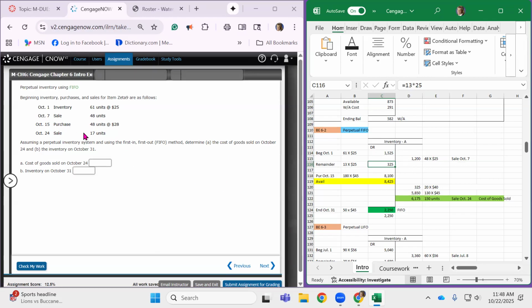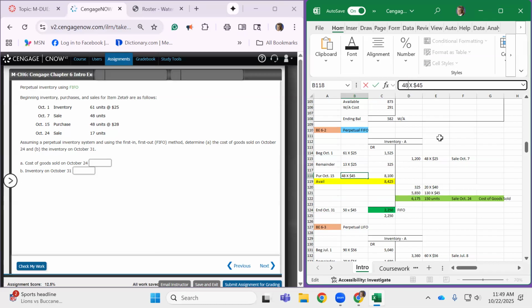Okay, now it's time for another purchase. We're purchasing 48 more at $28 cost. Let's see. Our first costs were 25. Now they're 28. Yep, that's pretty good, within the right range. Sometimes looking at what they're telling you.